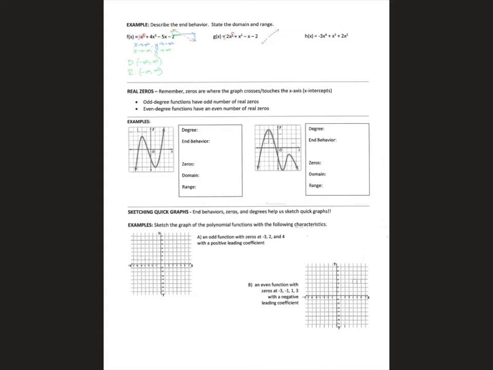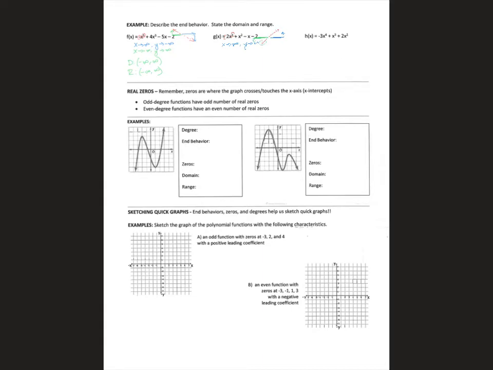Okay, so end behavior. As my x value gets more and more positive, what's happening to my y value? It's going up, correct? So as x goes towards positive infinity, my y value goes towards positive infinity. As x gets more and more negative, what's happening to my y value? It's going down, correct?